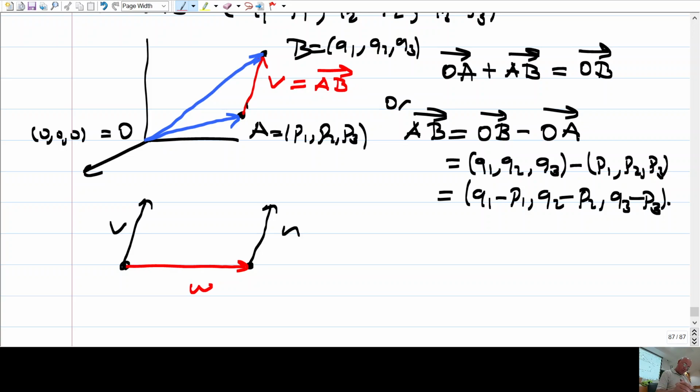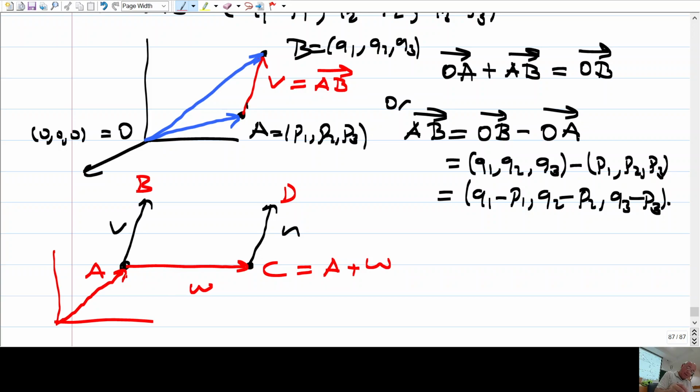Okay, V equals U. Here is what I mean. Suppose these are the points A and B, and these are C and D. This point here is nothing but A plus W. Suppose I have the coordinate system here, and this is the vector A. Then this is just A plus W, C. And what about D?